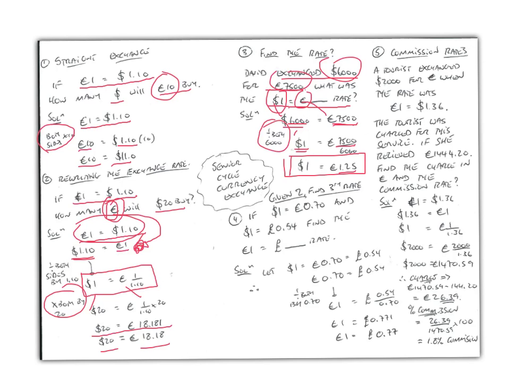What about if we're given two exchange rates and we're asked to find a third rate? For example, if €1 equals 70 cents and €1 is equal to 54 pence, find the euro to pound exchange rate. That's a different third rate we're looking for. Very straightforward these. We just let this €1 equal to 0.70, but we know that €1 is also equal to 0.54, so we just write that in one line.